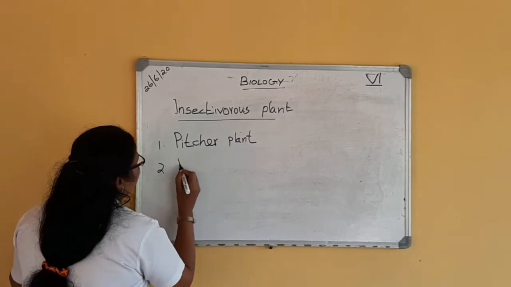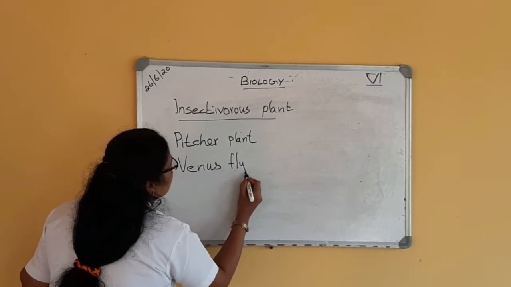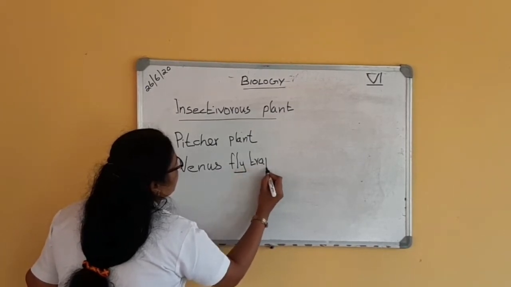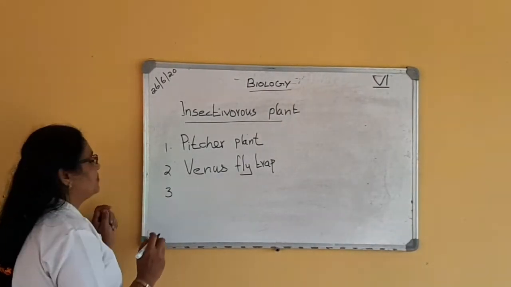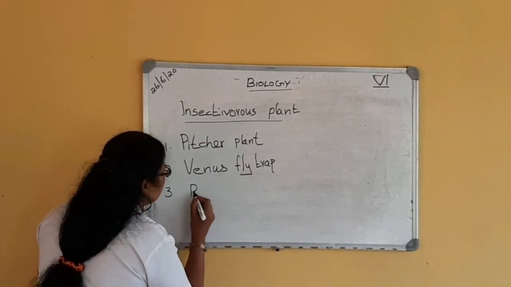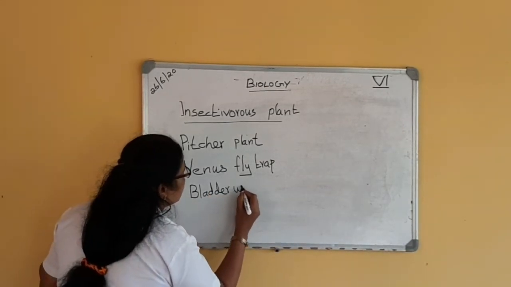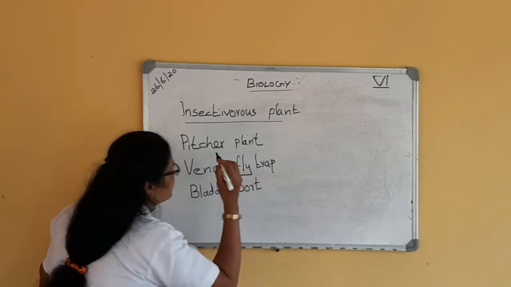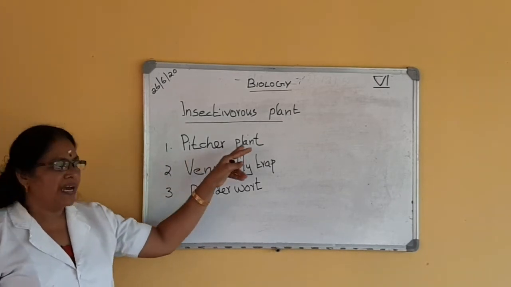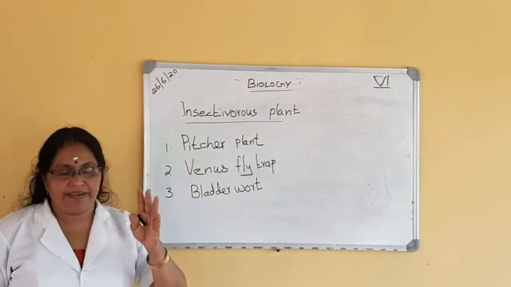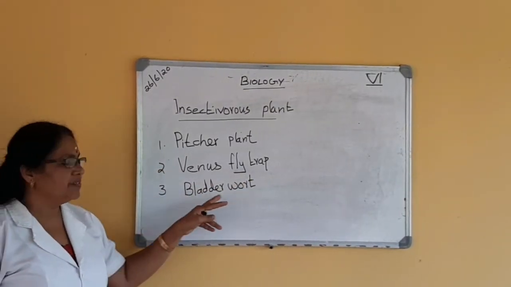Second one, Venus flytrap. And the third one, bladderwort. So the three types of insectivorous plants: pitcher plant, Venus flytrap, and the bladderwort.